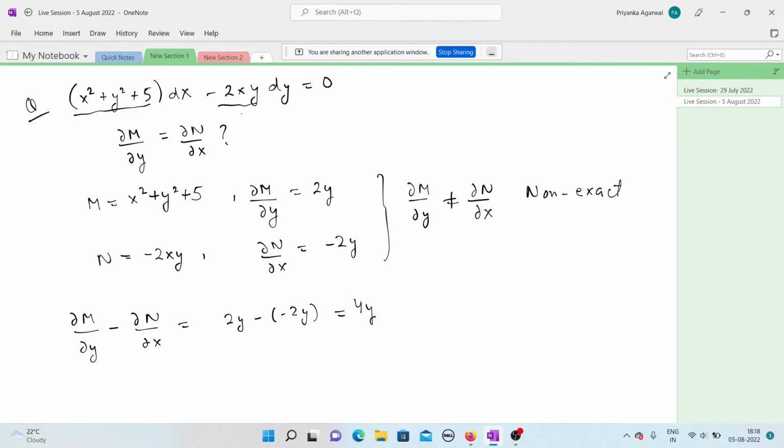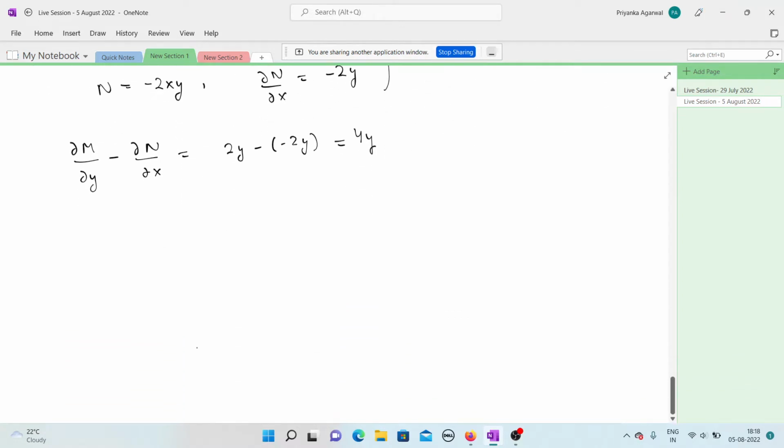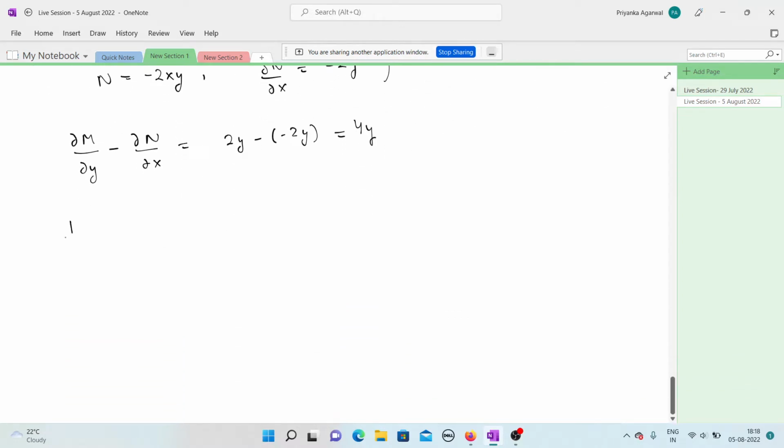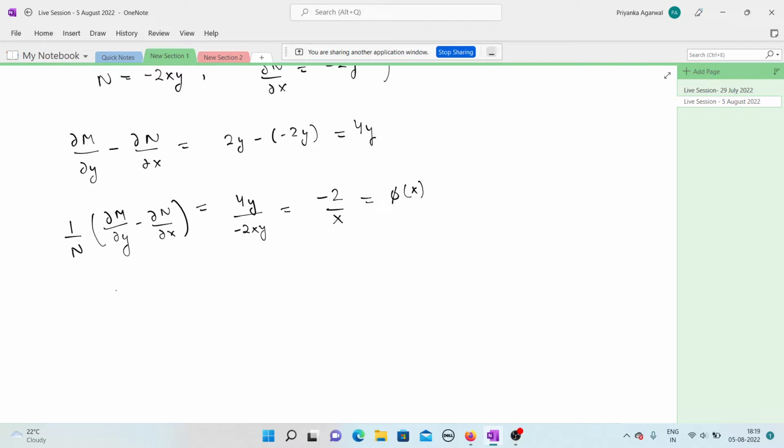If you see carefully, if I divide by this term N, then it will become a function of x only. So let's divide it by N. Then this becomes 4y over minus 2xy, which is minus 2 over x, and this is a function of x only.